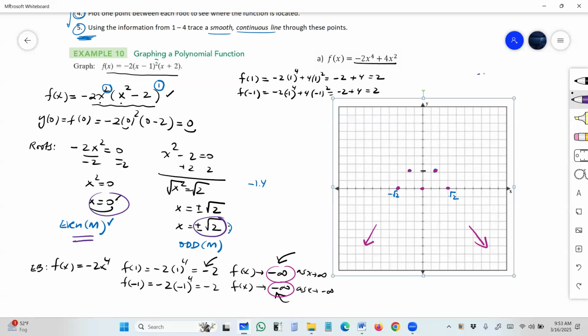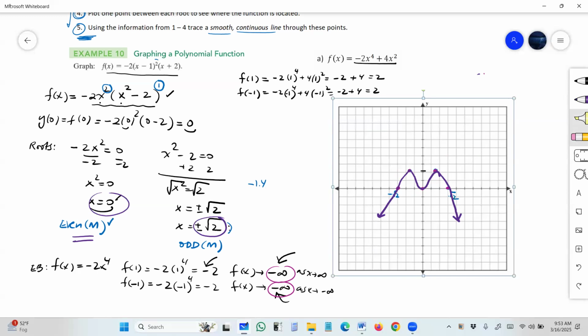And sure enough, let's do the 0 first. Here's the bounce, and I have to go through the square root multiplicity, right? Same thing here. All right, so this is what the graph looks like.